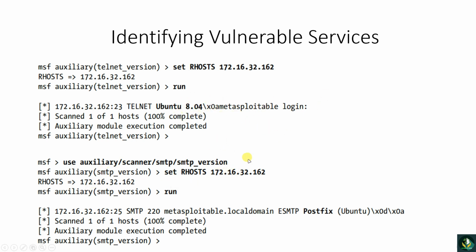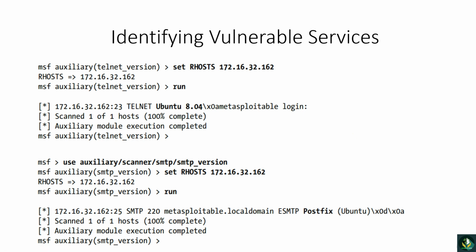Then again we use set to set the IP for the SMTP version. After that, just run this, and great. We know the system is running Ubuntu 8.04 and two unencrypted protocols, Telnet and FTP. Those two might come into play later.